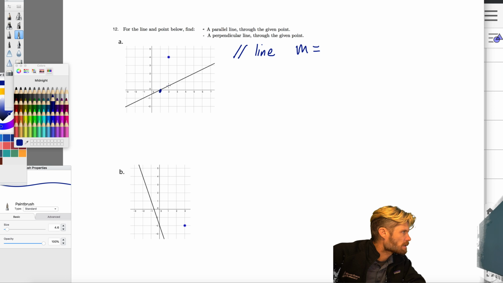Here's a point right here. Let's go with this point and this point right here. So that goes through exactly on our grid, up 1 over 2. And so we're going to go up 1 over 2 for this one right here, or down 1 to the left 2. And then we could draw our line.